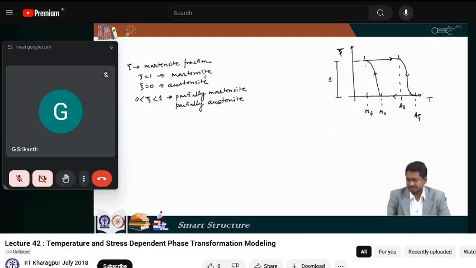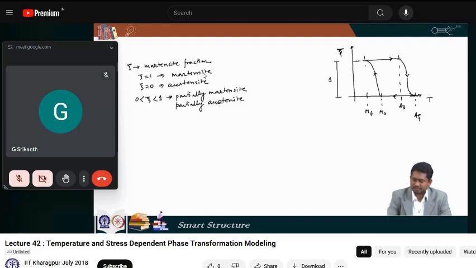It means, suppose I have a material at temperature beyond AF. So in this region, maybe here the martensite fraction is 0, which means the material is entirely austenite. Now if I reduce the temperature, then while reducing it will follow this arrow, so it will follow this path. Till it comes to MS, it will maintain xi equal to 0, which means it is still fully austenite.